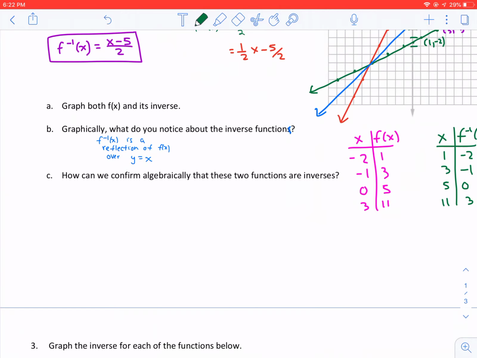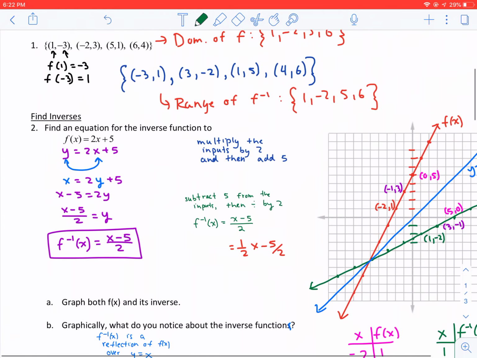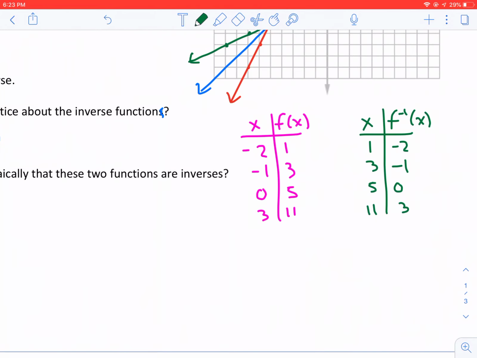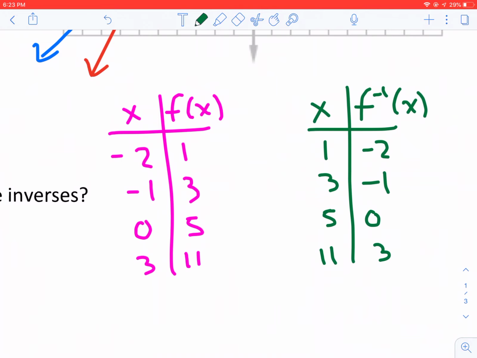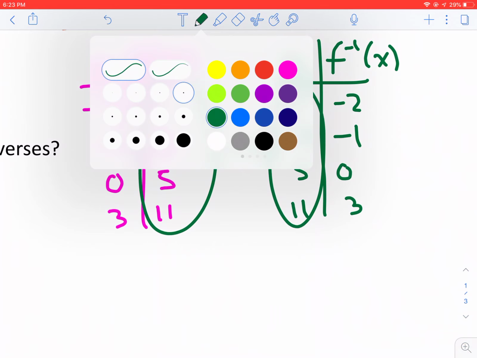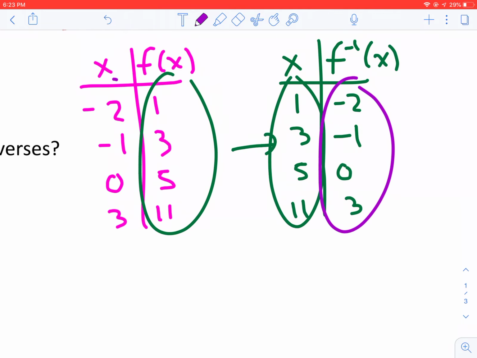So this letter C here asks, how can we algebraically confirm that these two functions are inverses? Well, this is like an algebraic way, but I want you to notice that this is the same as that, right? And this is the same as that.